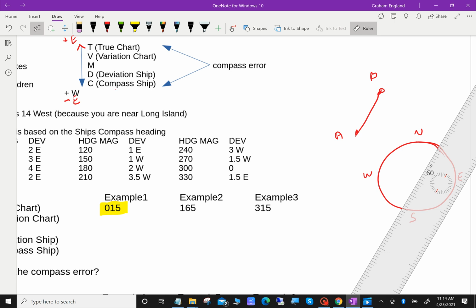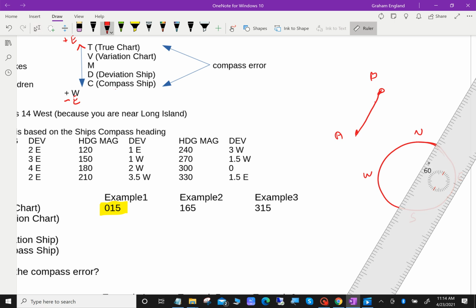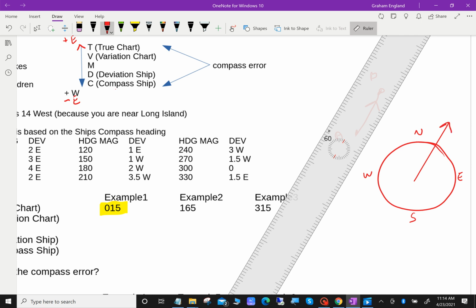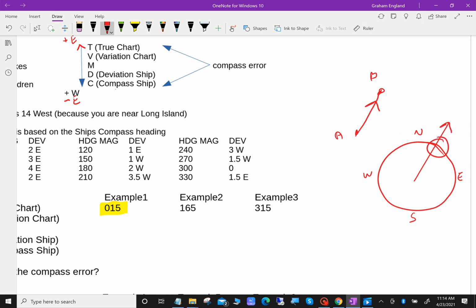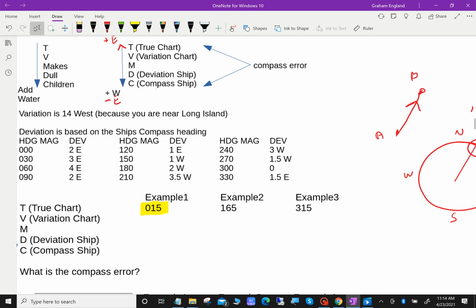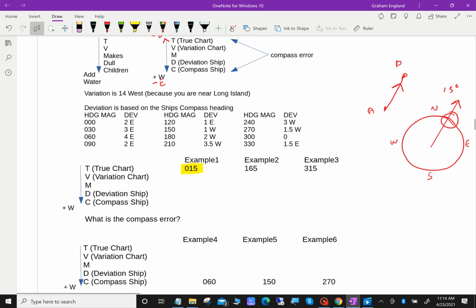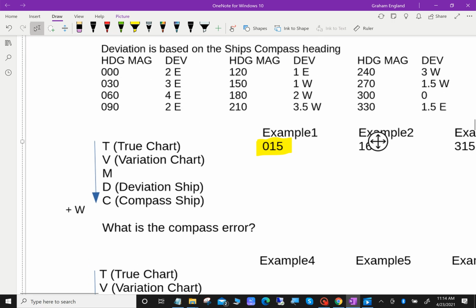You're going from A to B, so you put the arrow there, so you know that that is the course that you are trying to do on your chart, and that you measured that, and that was 15 degrees. So sometimes, and really most of the time, they're going to give you two locations, and you have to measure your true chart course. Okay, so we got 15 degrees.